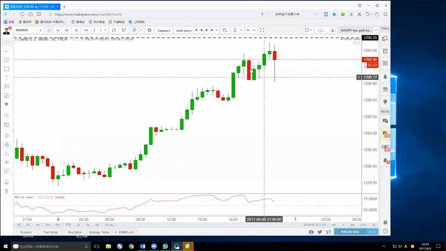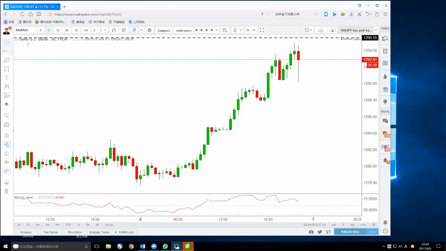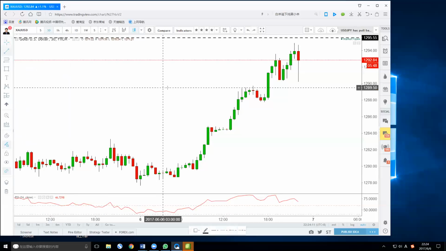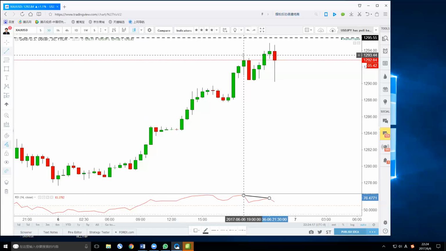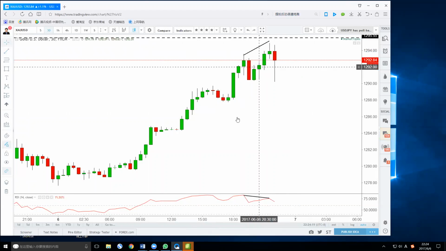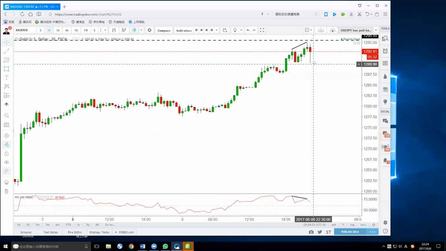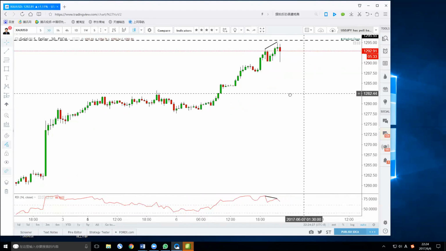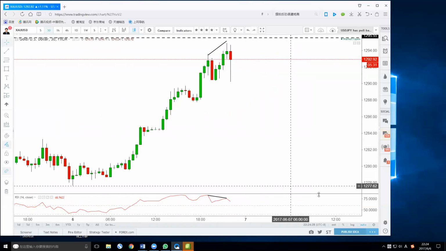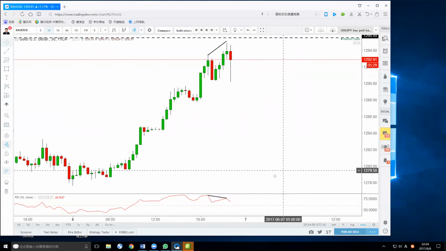So on the RSI, you can see there is a bearish divergence, because the RSI is going down, making a lower high, while price is making a higher high, right? This kind of bearish divergence is a signal that gold may have a turning point from this level.